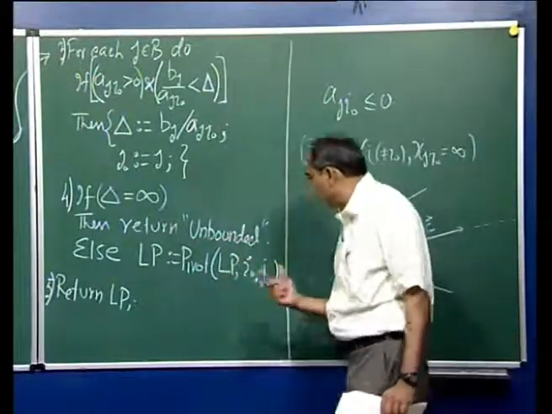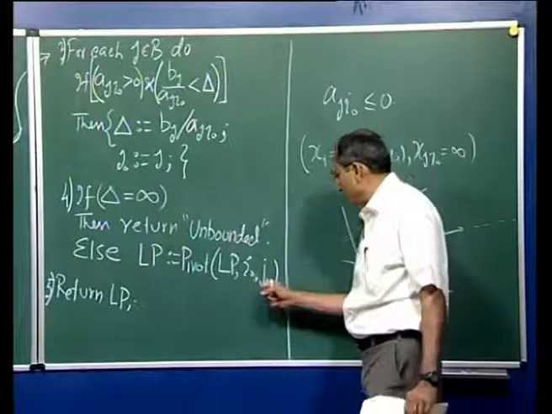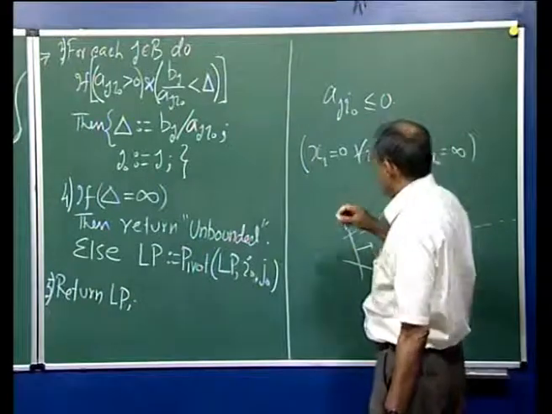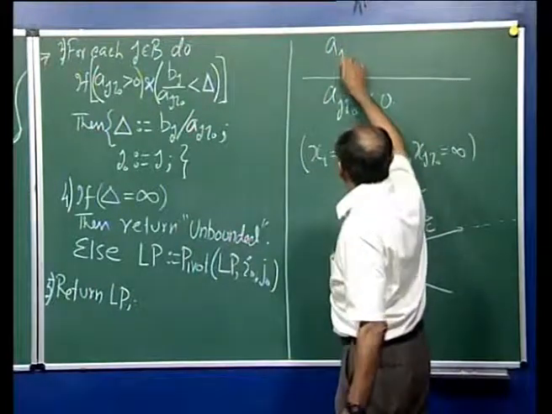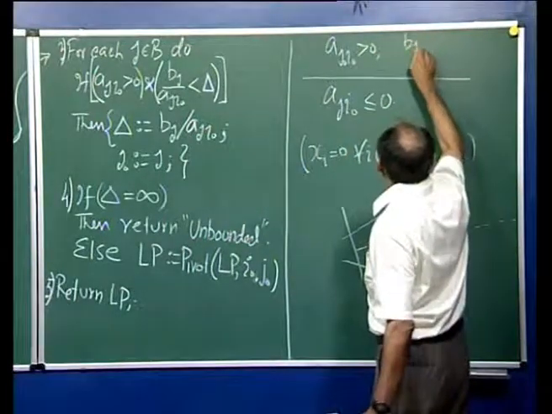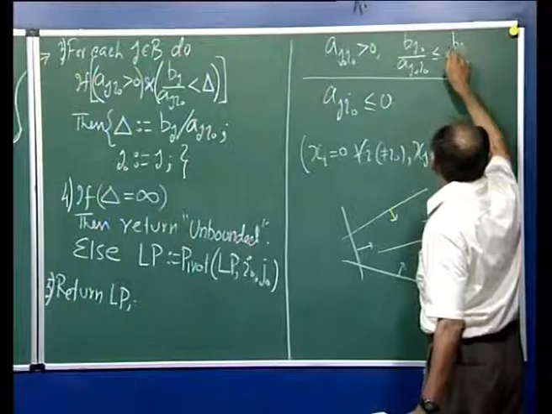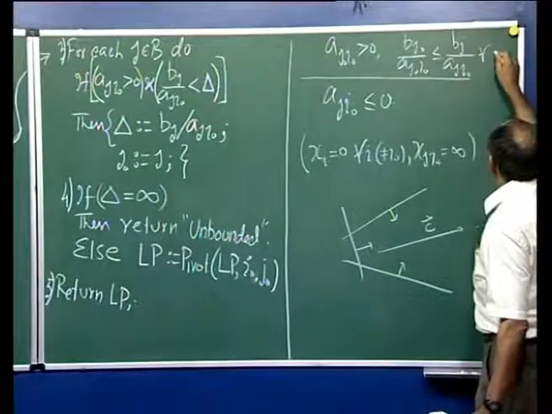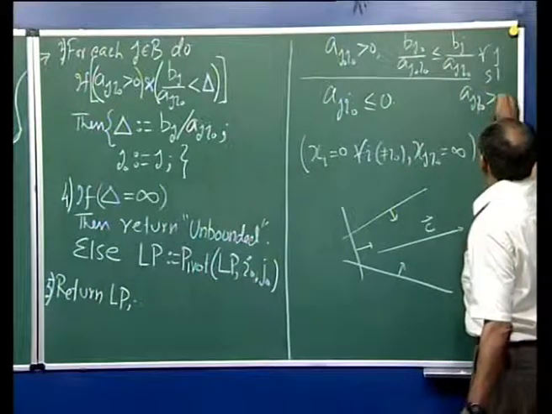This step says the following, that the Ci naught is positive, the J naught is so selected that two things are happening, that A J naught I naught is positive and B J naught by A J naught I naught is less than or equal to B J over A J I naught for all J such that A J I naught is positive.